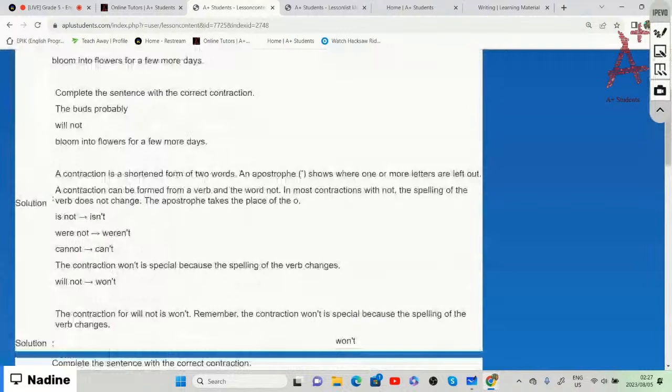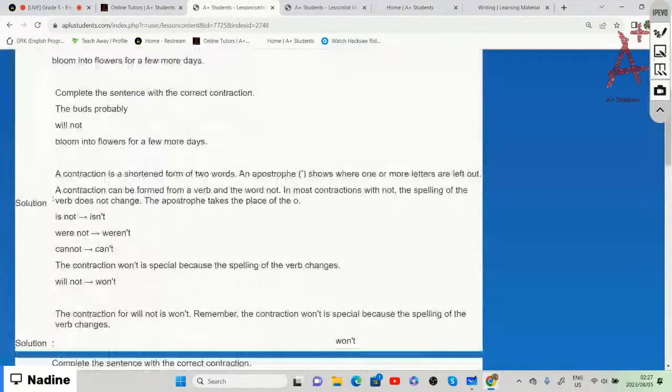All right, so is not. If we, for example, say is not, it becomes isn't.